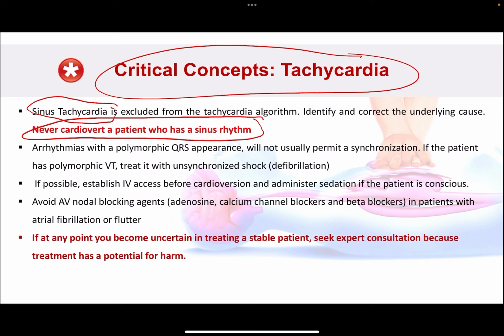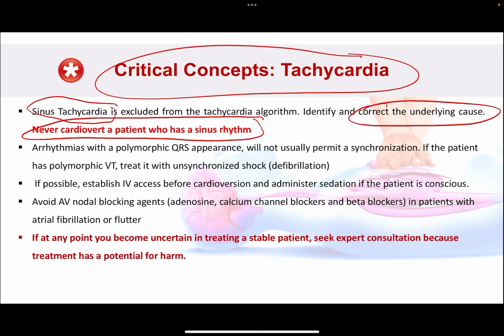Let's say I run to the clinic, I'm having chest pain. My chest pain could not be from my increased heart rate. I can have 3 coffees, and then show up to the clinic complaining of chest pain. See, if it's a sinus rhythm, it's tachycardic, it's not included on the tachycardia algorithm. You need to correct and treat the underlying cause.